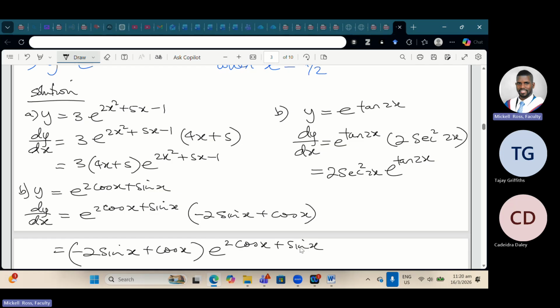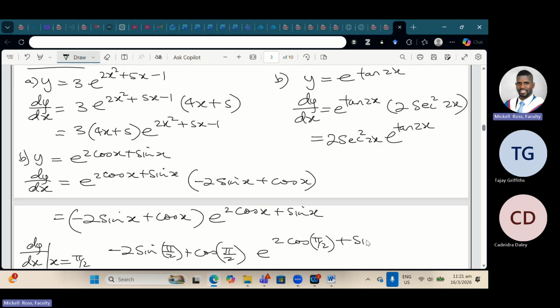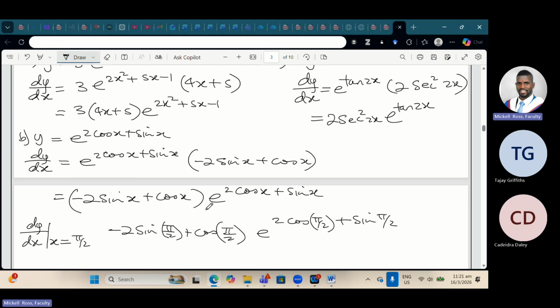But it says when x is equal to pi over 2, so dy dx when x is equal to pi over 2, we're going to get negative 2 sine of pi over 2 plus the cos of pi over 2 times e to the 2 times cos of pi over 2 plus the sine of pi over 2. Now, cos of pi over 2, that's 0, and sine of pi over 2, that's 1, because pi over 2 is the same thing as 90.